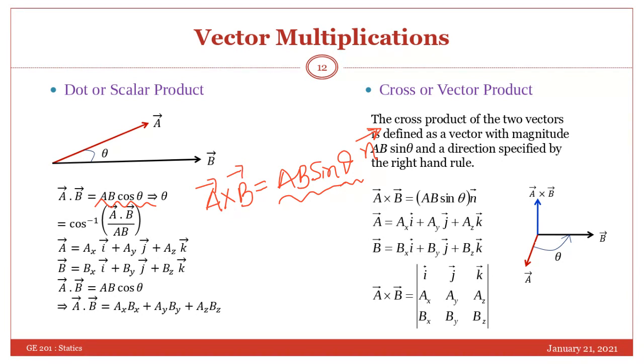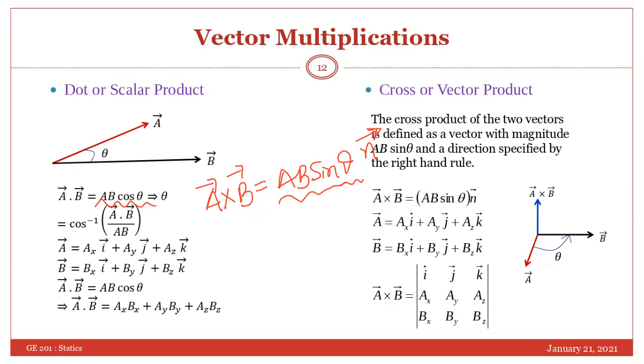If these are your fingers, you turn these 4 fingers towards B. So here in this figure, you see, you turn your fingers from A to B. Then this thumb is going to represent the direction of vector A cross vector B. So when you are turning your fingers from A to B, the thumb is directed towards vector A cross vector B.